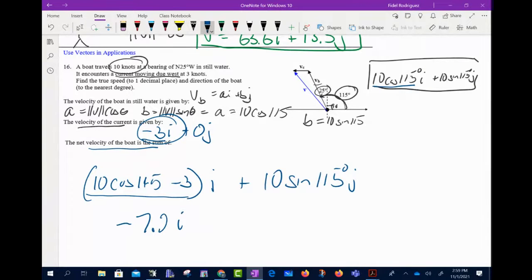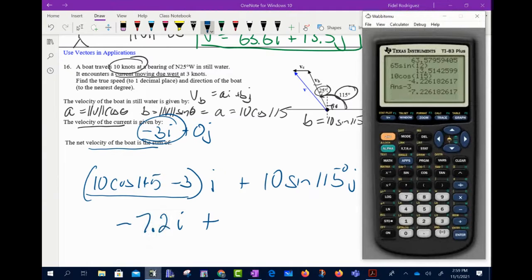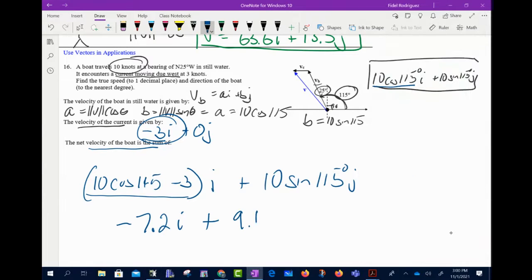My bad. Negative 7.2 i plus, let's do the j. So we're going to go 10 sine of 115, and that's giving me 9.0 or 9.1? 9.1. Okay.